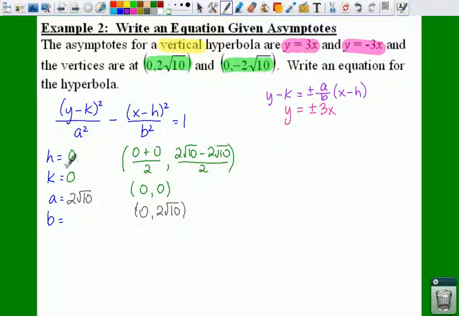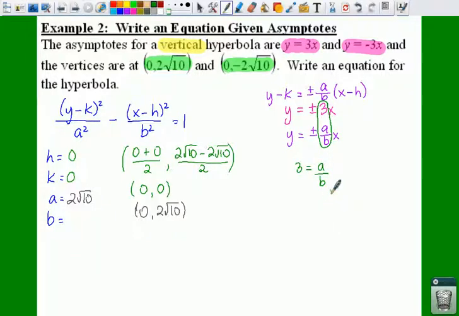If your h and k are 0, this is really of the form y equals plus or minus a over b times x. So to find b, we can say a over b is equal to 3.